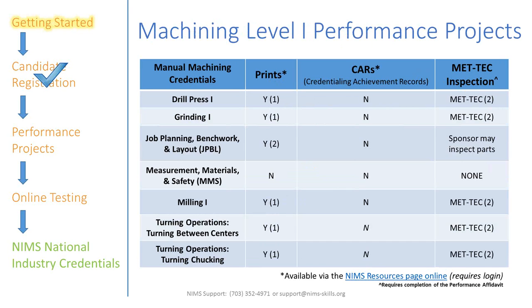Just a quick review. Most machining level 1 projects require a print, with the exception of MMS, which has no project, and JPBL, which allows sponsors to inspect finished projects.